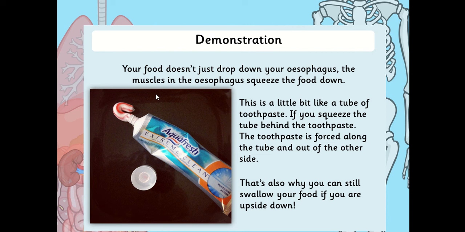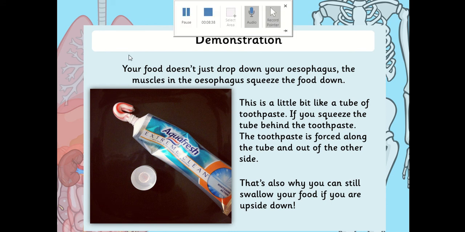So your food doesn't just drop down your esophagus. There are muscles in the esophagus and they squeeze the food down. It's a little bit like a tube of toothpaste. If you squeeze the tube behind the toothpaste, where it's empty a bit, the toothpaste is forced along the tube and out the other side.